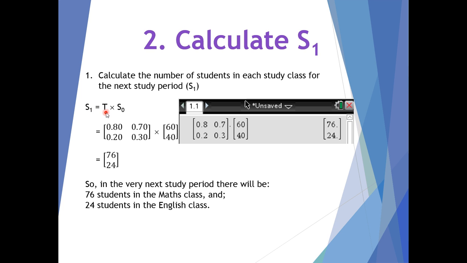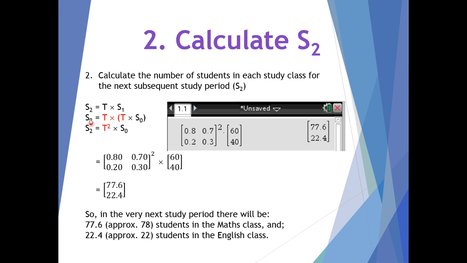That's simply done by multiplying the transition matrix by the initial state. Here's our transition matrix, and here's our initial state: 60 studying maths and 40 studying English. Using our CAS calculator, our TI Inspire, we come out with an answer of 76 students in the maths class, and only 24 remaining in the English class after one study period.